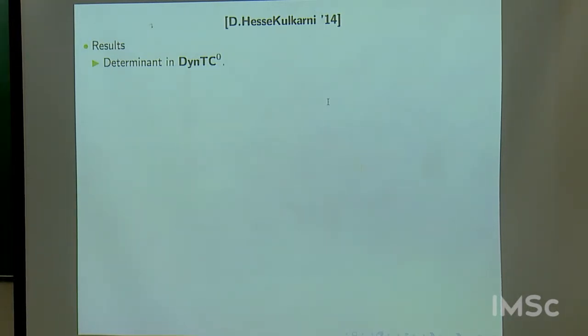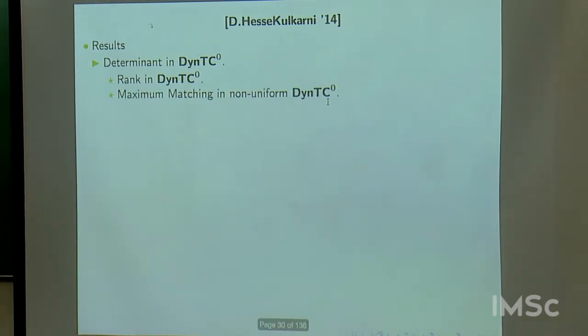And we can dynamically determine the value of an integer determinant in dynamic TC0, which implies rather straightforwardly that rank is in dynamic TC0 and maximum matching is also in non-uniform dynamic TC0.